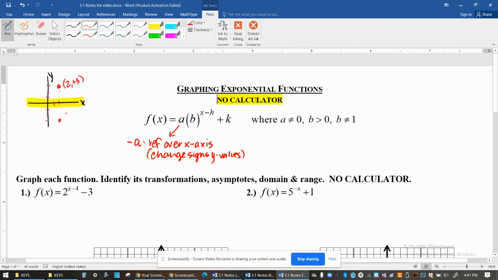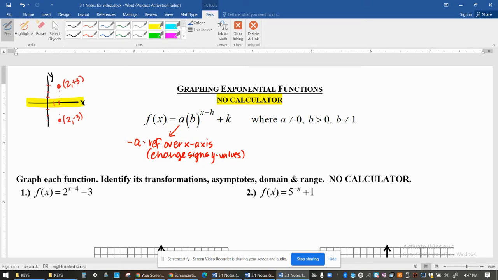So if you start with 2, positive 3, you'd end up with 2, negative 3. So that's how reflection over the x-axis works. Okay, so that's why the y values change. All right, now if a is positive, then you don't have to worry about changing any of the signs. Okay, so that's considered a multiplier.